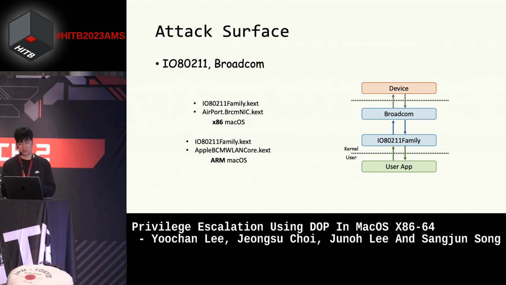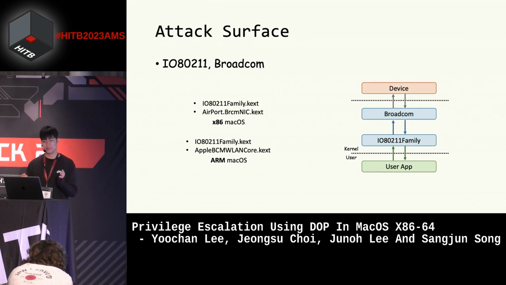As you see, the kernel extension is different between the architectures of macOS. They do the same operation, but it's slightly different. On ARM, the Wi-Fi kernel module has fewer functions available.